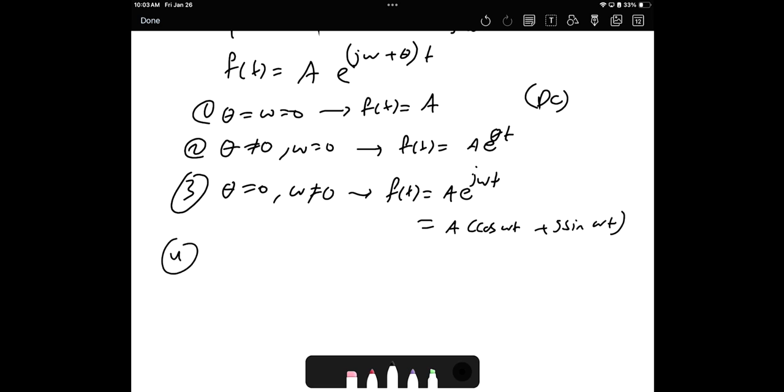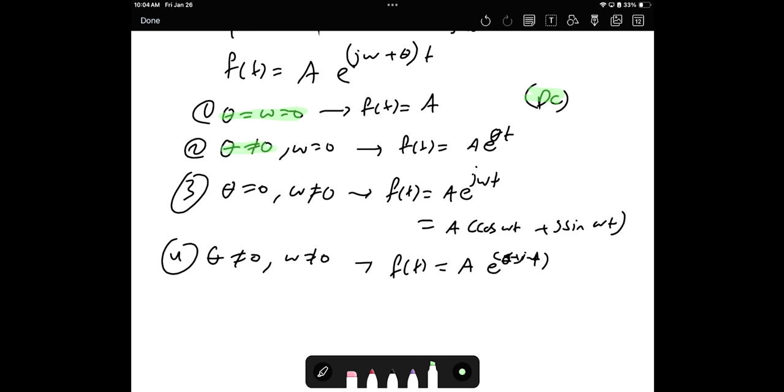Then we have case number 4, when both of them are non-zeros. This yields f of t equal to a e power alpha plus j omega, or theta plus j omega, t, which is the same function that we know. So keep in mind, when both of them are zeros, it will be like DC, so only constant.